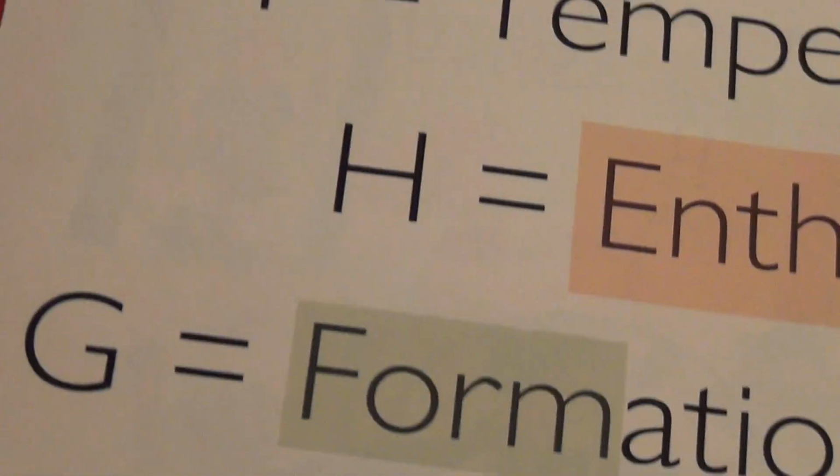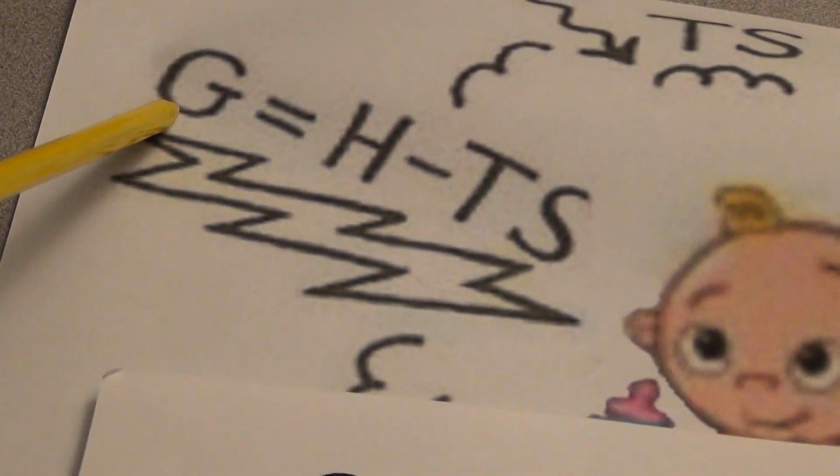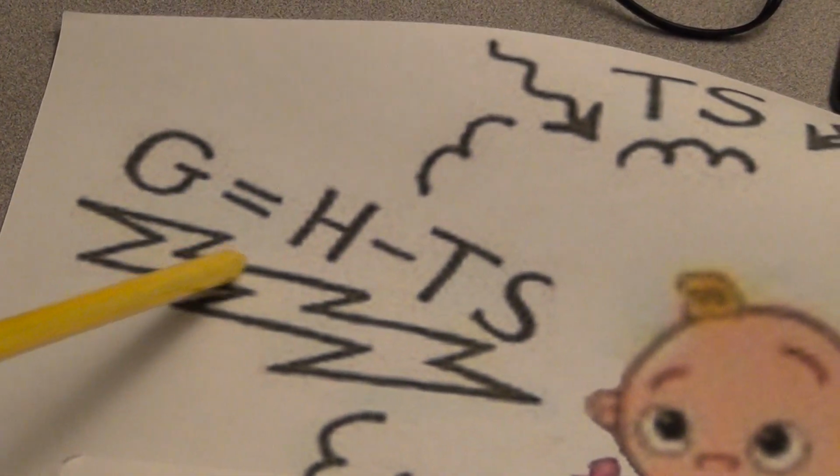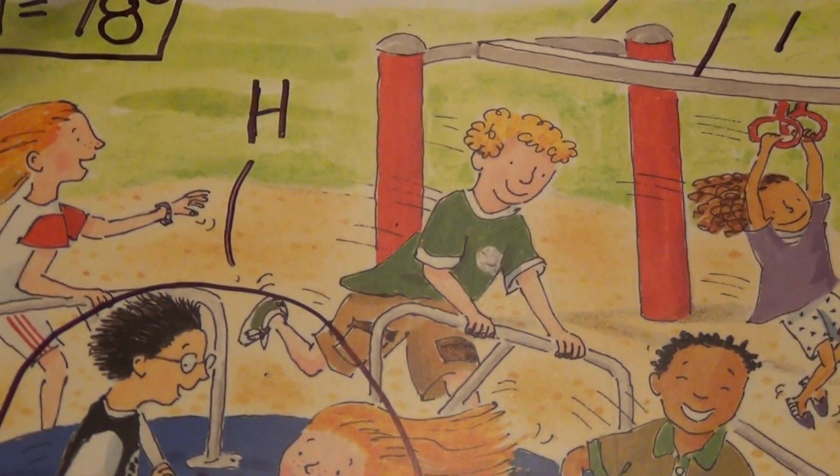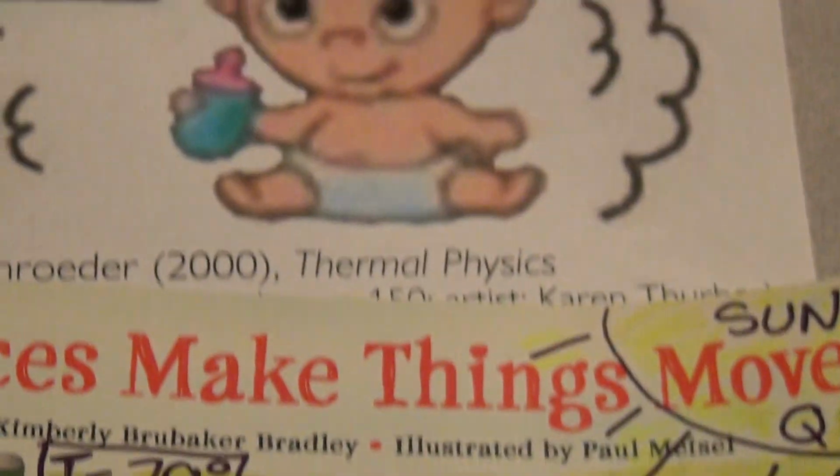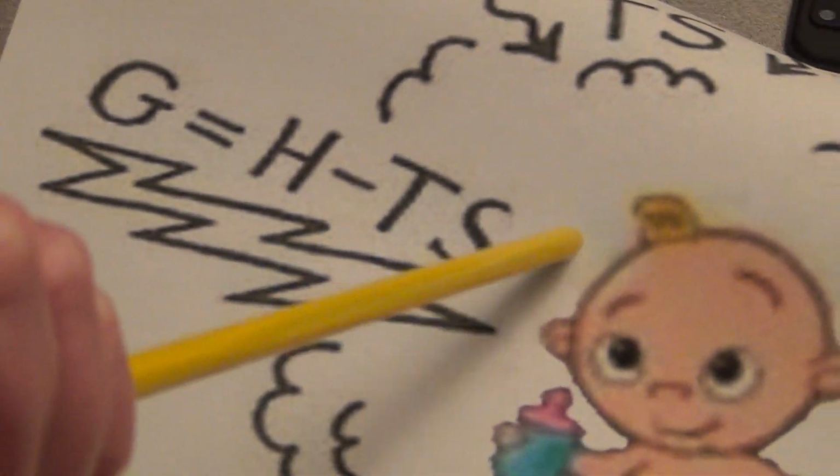And this symbol G here is the total energy that formed you. And it's named after Willard Gibbs, and it is called the formation energy. And it is equal to the sum of all your friendship bonds, symbol H, right here, less the difference of what's called the entropic energy.